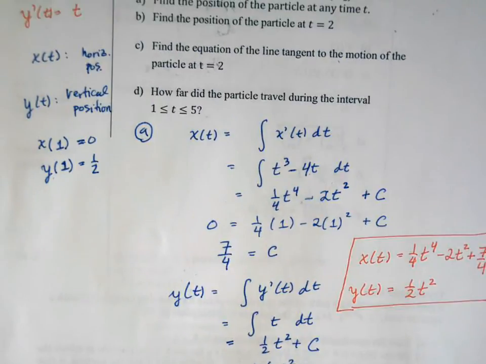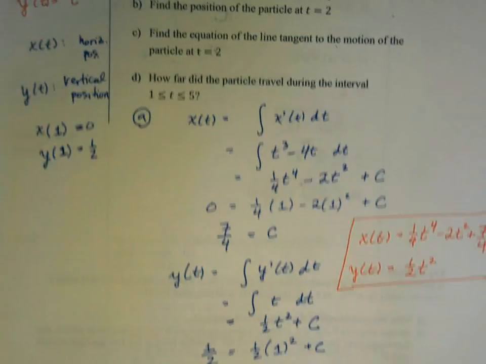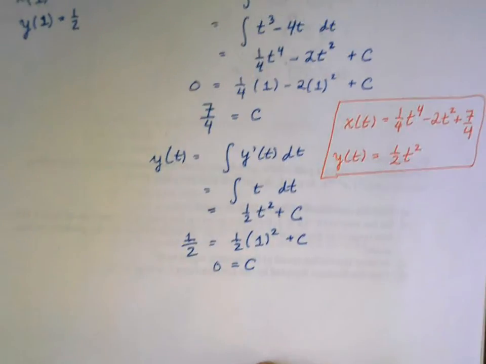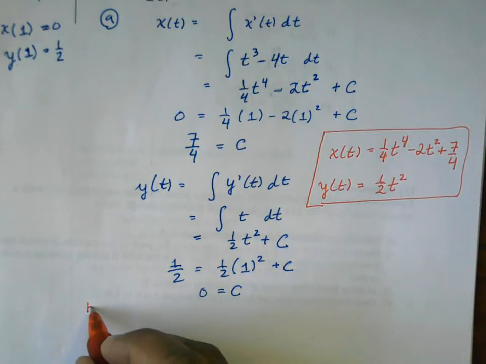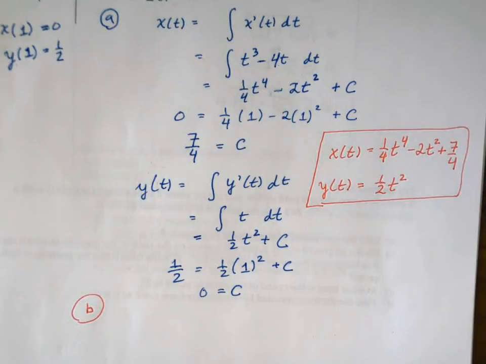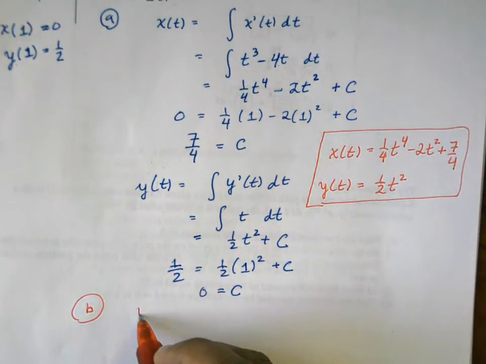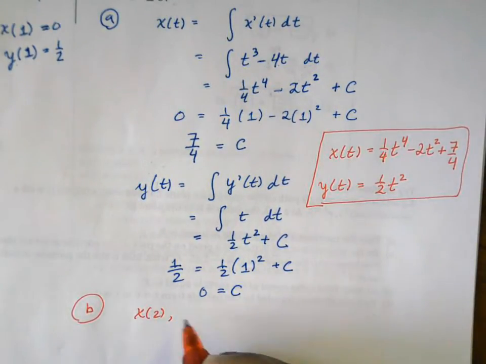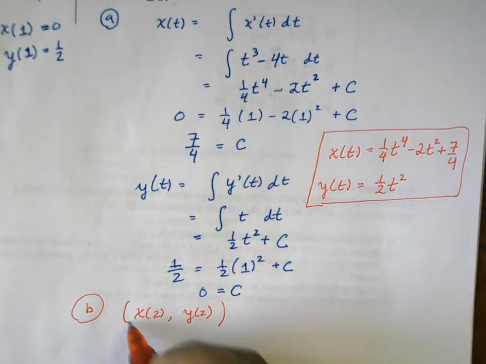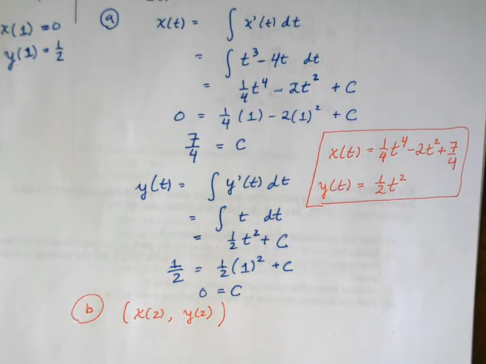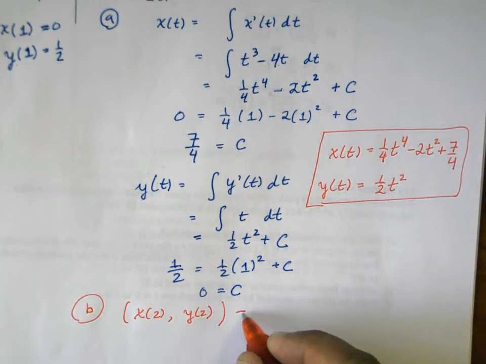Now let's keep going. Part B, find the position of the particle at time equals 2. Well, this is pretty straightforward because we've already solved part A. So for B, what we're looking for here is x of 2, y of 2. That's the coordinate on the coordinate plane.